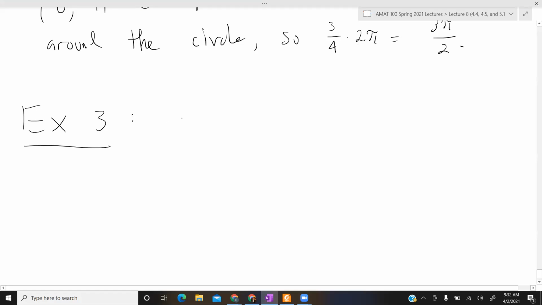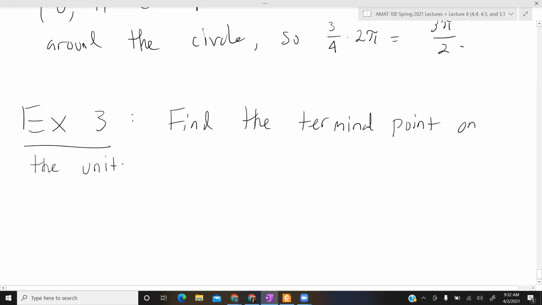The question asks us to find the terminal point on the unit circle determined by, or corresponding to, and this is part A, t equal to 3 pi.